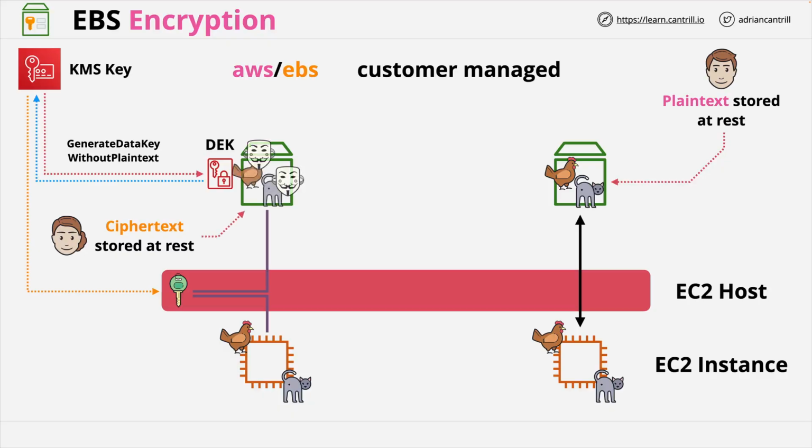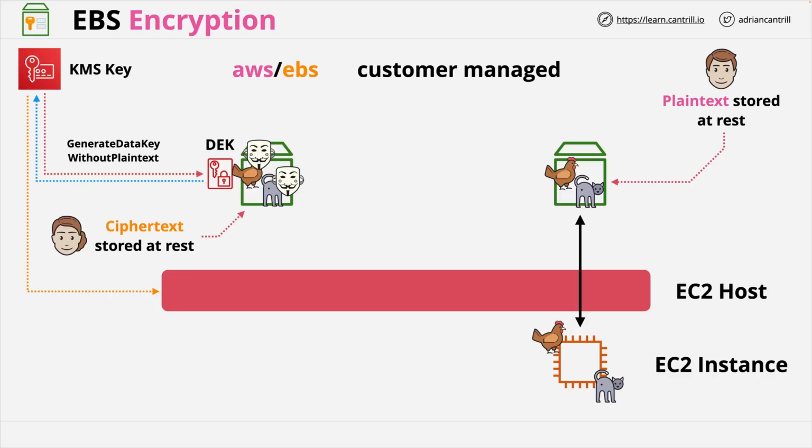Data only exists in an unencrypted form inside the memory of the EC2 host. What's stored on the raw storage is the ciphertext version, the encrypted version of whatever data is written by the instance operating system. Now, when the EC2 instance moves from this host to another, the decrypted key is discarded, leaving only the encrypted version with the disk.